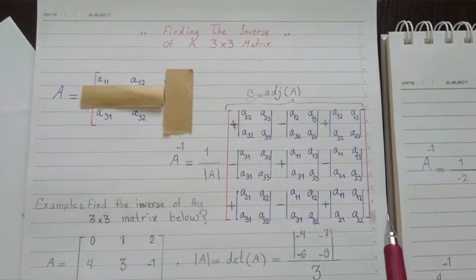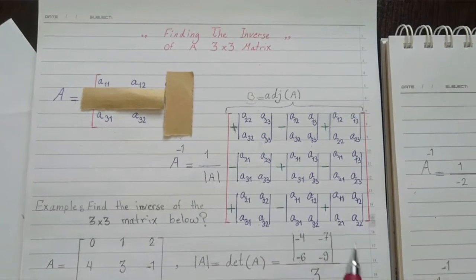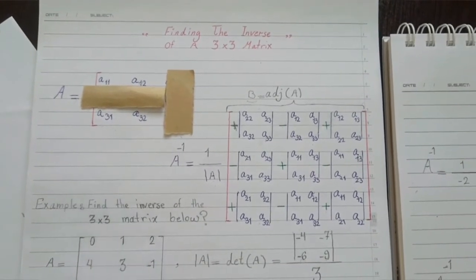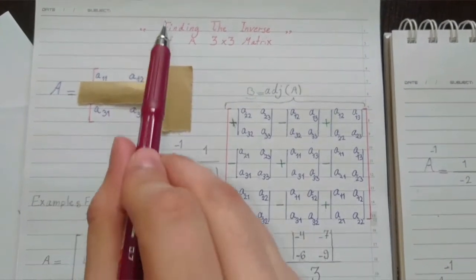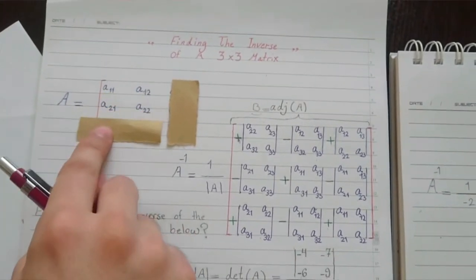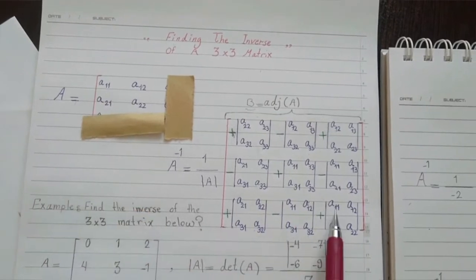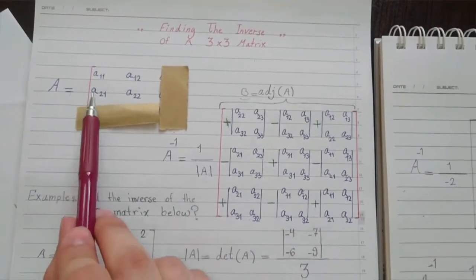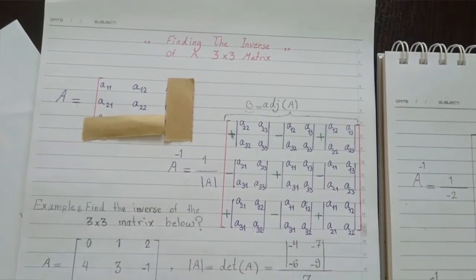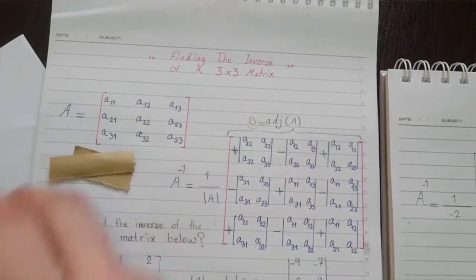Okay. And entry B sub 3 3 is equal to the determinant of the matrix after ignoring the third column and the third row, which is equal to A sub 1 1, A sub 1 2, A sub 2 1, and A sub 2 2. Okay, that's all we need to do.